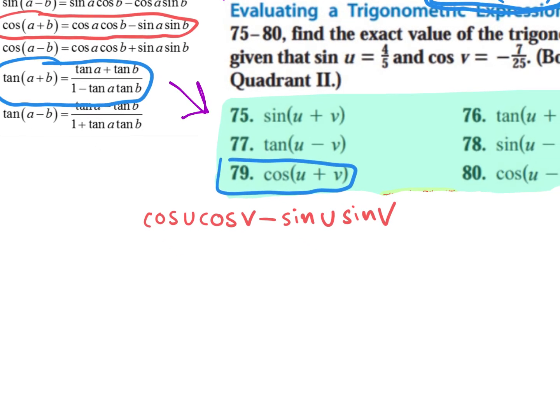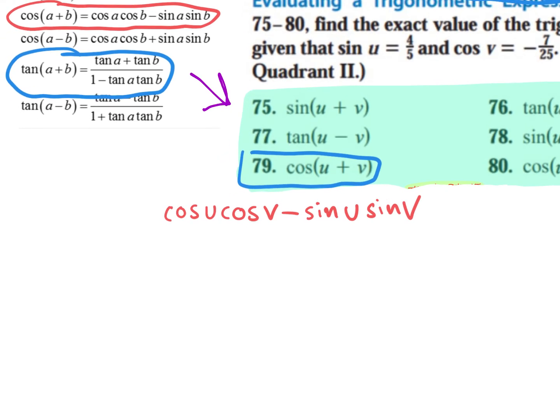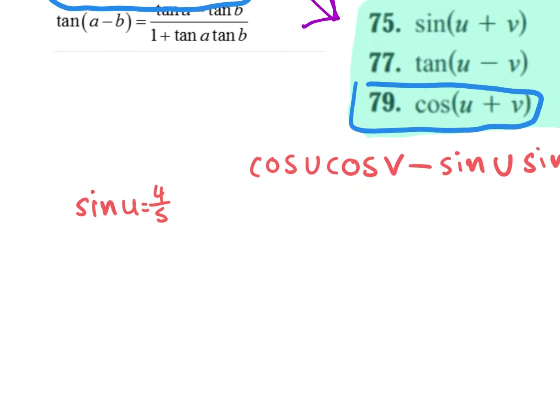So I have two different triangles here, my u triangle and my v triangle. So first it gives me sine of u, which is 4 over 5. So for my u triangle, sine is what over what?